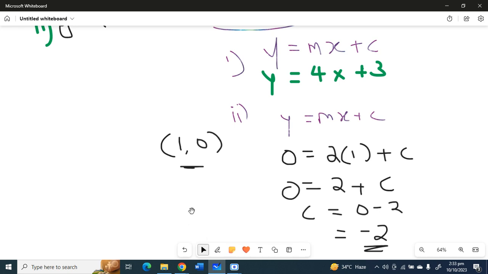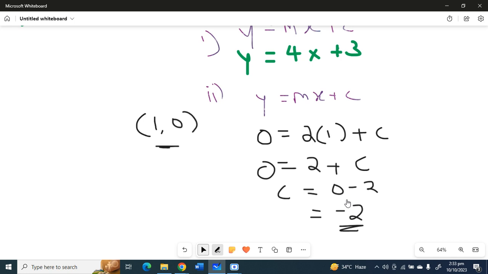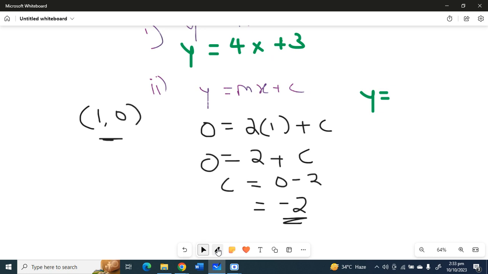So once we've got our y-intercept, it's just a matter of substitution. So we write again the equation of the straight line, y equals mx plus c. Our gradient is 2, so you're going to say 2x.